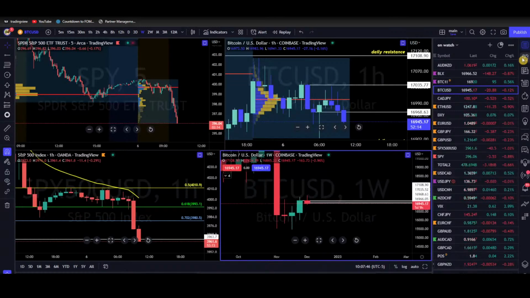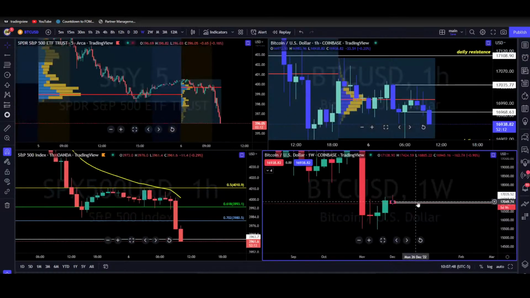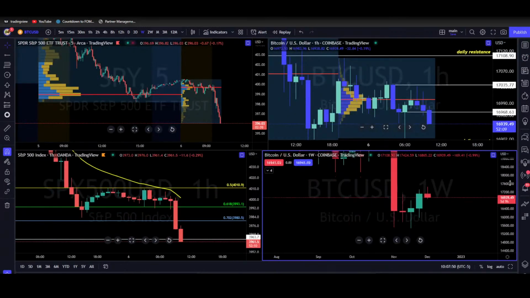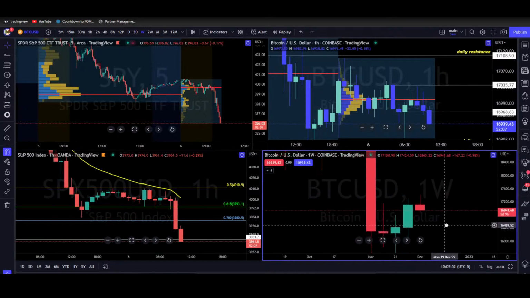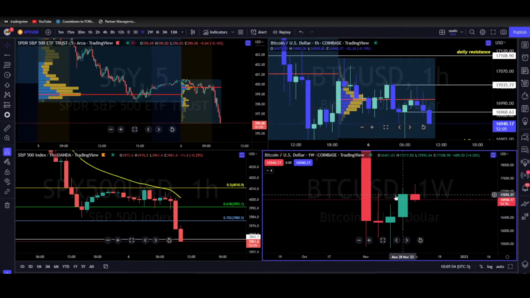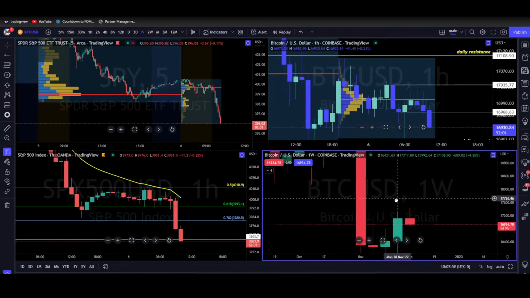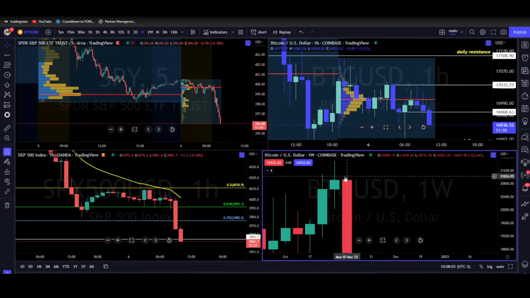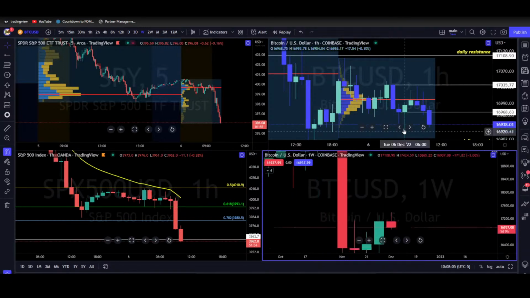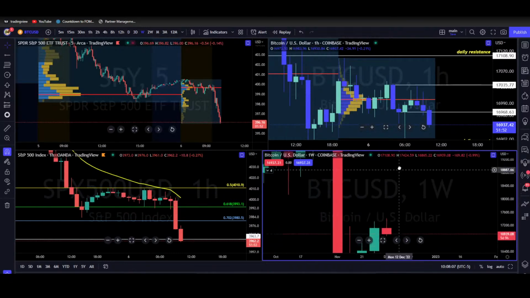Let me explain this to you, because this matters. After you took out this swing high on the weekly, there is no other swing high to take out until all the way up here, okay?